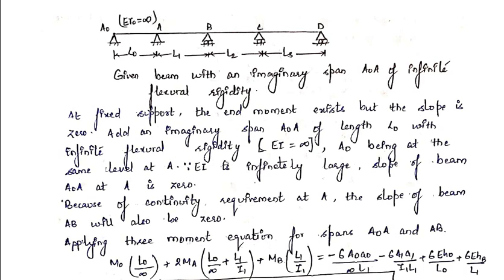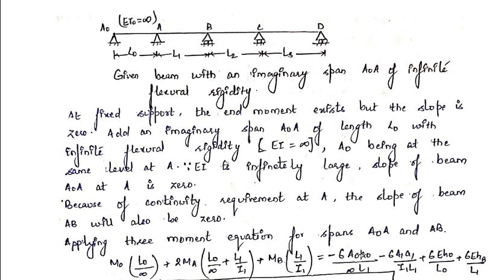So the three moment equation can be written like this: M0 into the length of the first span, which is L0, divided by the moment of inertia of the first span, which is infinite, plus 2 times the moment at A into the length of the first span upon I1, the moment of inertia of the first span, which is infinite, plus the length of the second span divided by the moment of inertia of the second span, plus MB, that is the last support, into the length of the second span divided by the moment of inertia of the second span, equal to this term.